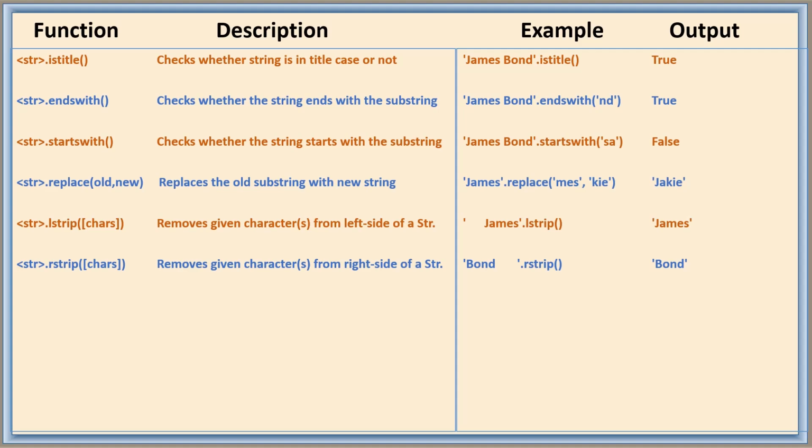If we want to remove from both sides, instead of giving L or R, we will give strip. So string.strip will remove the white space when there is no argument. When there is a character or substring argument, it will remove that. You can see here both side white spaces are there with James. I have given strip, and it gives James without any white spaces.